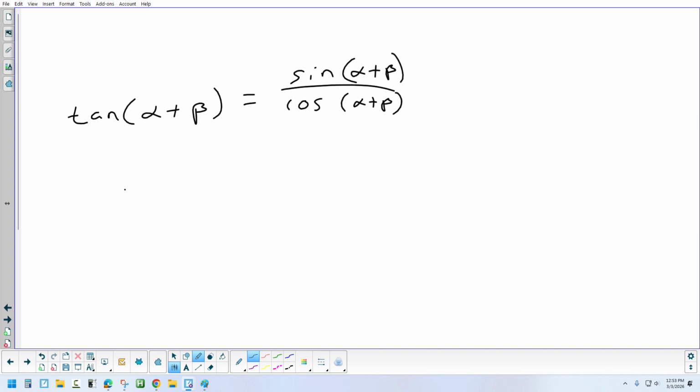Okay. So let's start with the top. When we have a sine function, do we group when we use the identity, or do we mix the trig functions? Yep, we mix the trig functions. So it's going to be a sine and a cosine, and a cosine and a sine.